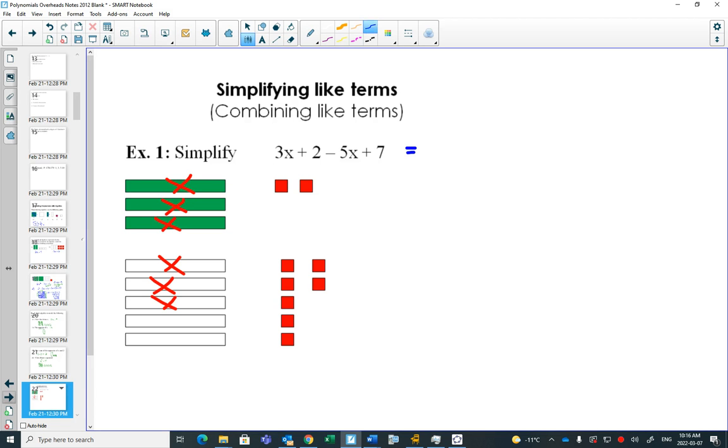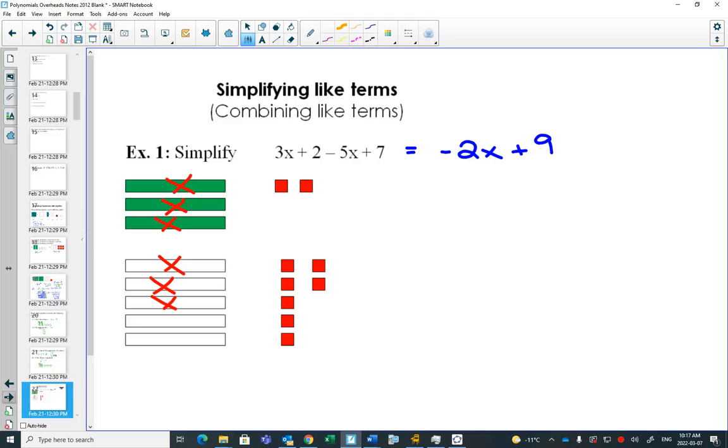We're left with minus 2x's, because the ones that are left aren't colored in, plus 9. Now the question is, do you think you could see from here the plus 9 without having to draw 9 squares and shading them in? Yes. Okay?